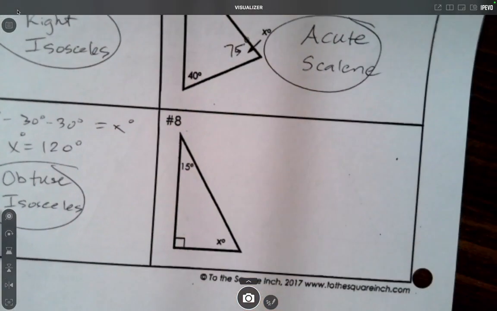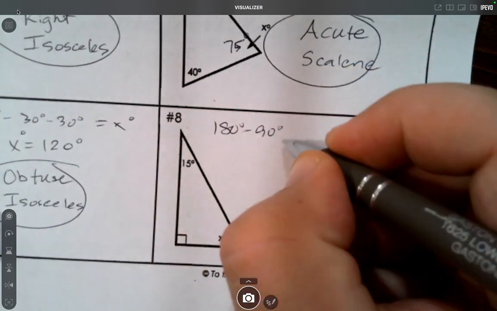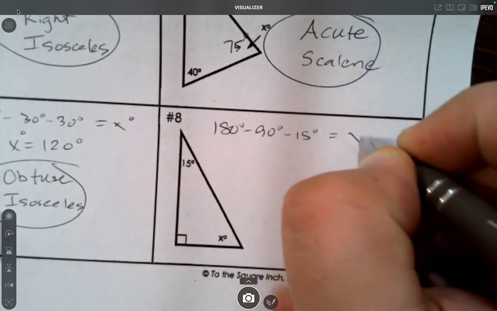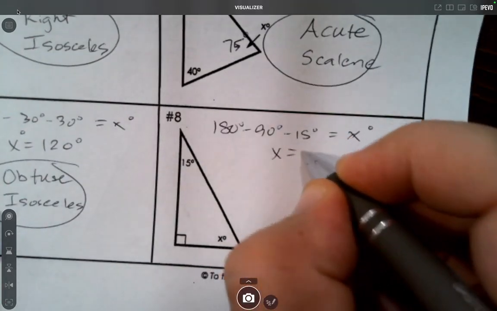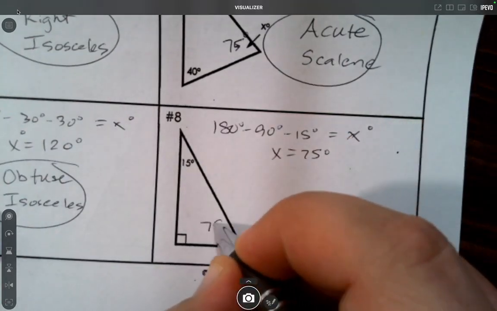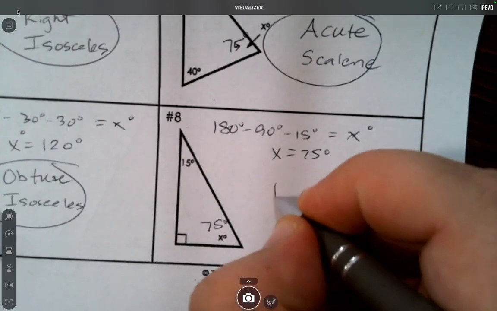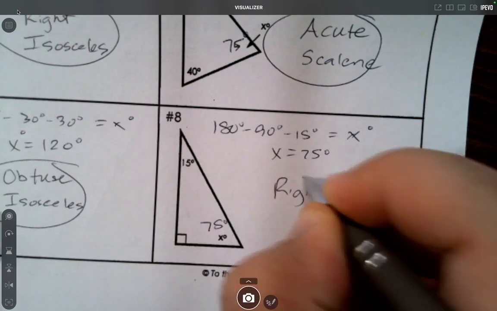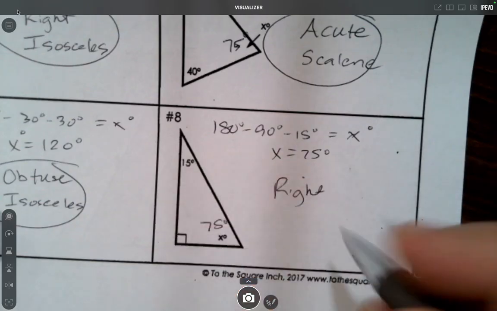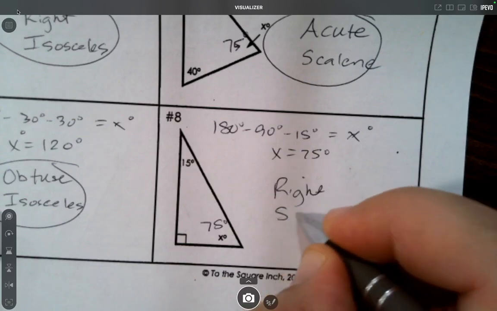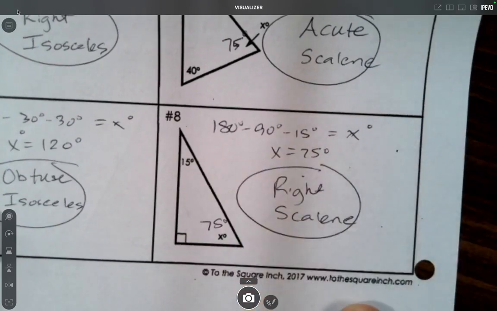Okay, last one, 180 minus 90 minus 15 degrees. That will tell you that the missing angle is 75 degrees. So we do see a right angle here, so that means it's a right triangle. And there's no tick marks, so none of the sides are equal, so this is scalene. So this really showed about every possibility there is.